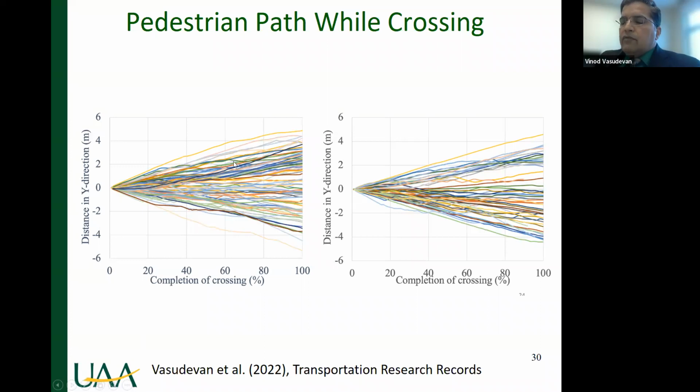If they are walking away from the vehicle, that's still okay from a safety perspective, because both the pedestrian and the motorist are getting more time. But if they are walking towards the vehicle, that reduces the time the driver has to react, which is dangerous. In some cases, pedestrians walk as much as 5 meters towards the vehicle.